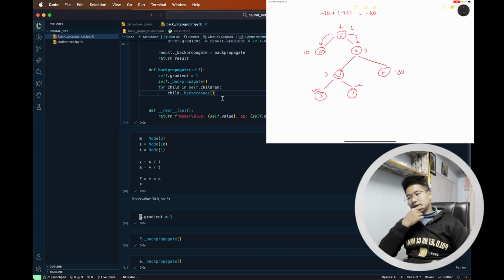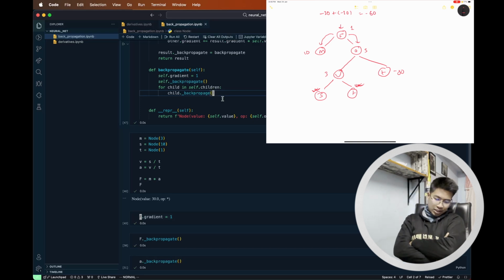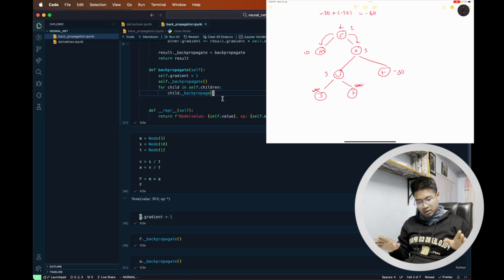So this algorithm is incomplete, not incorrect, incomplete. It does not incorporate anything below over here. So let's try to do it in such a way that we do it for all the nodes in the system. I think we can do it in a recursive manner.